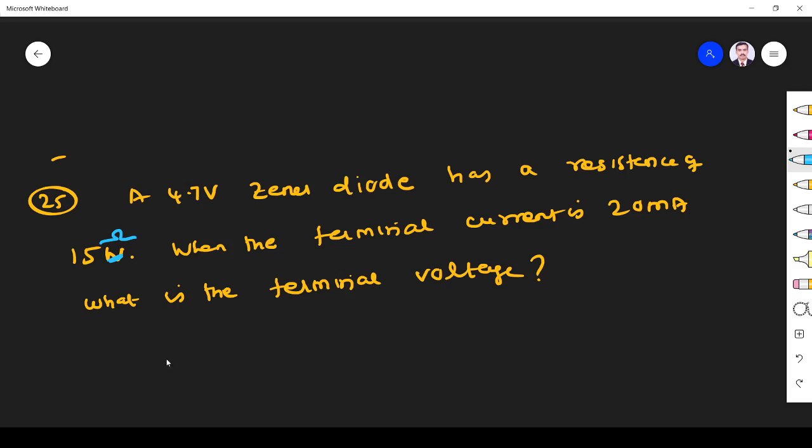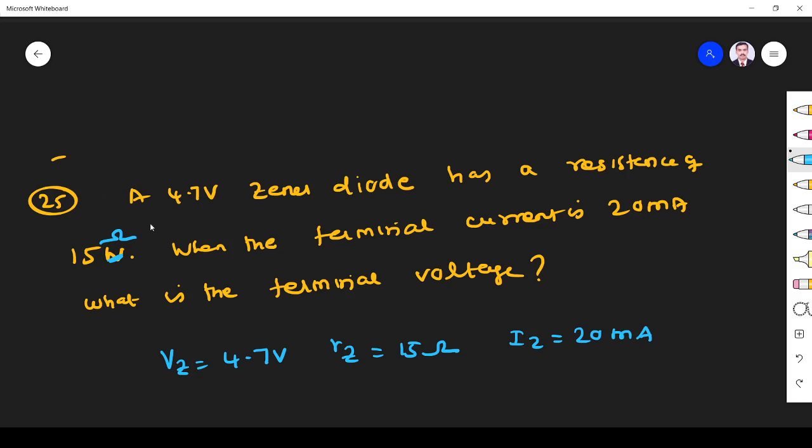They have given a 4.7 volt Zener diode, so Zener voltage VZ is 4.7 volt. Zener resistance is 15 ohm, and Zener current is 20 milliampere.